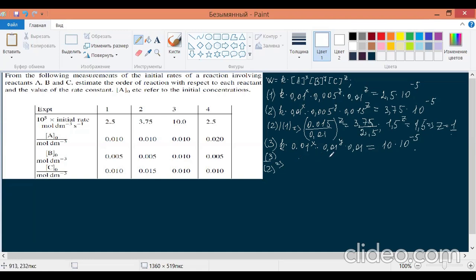But these aren't. This is the concentration of C, and this is the concentration of C for the second experiment, and z is equal to 1.